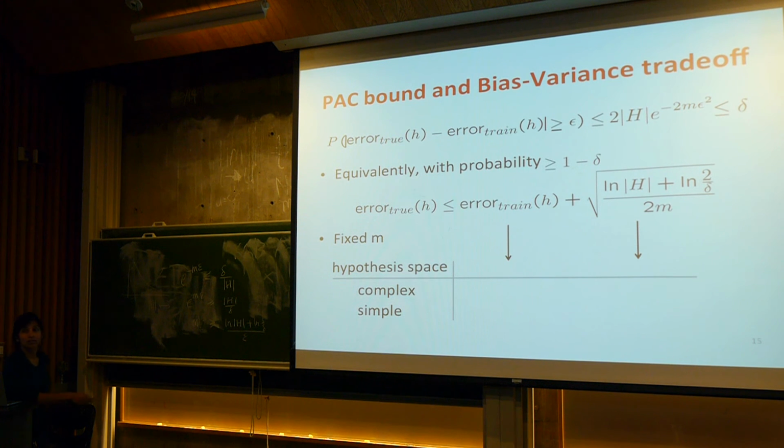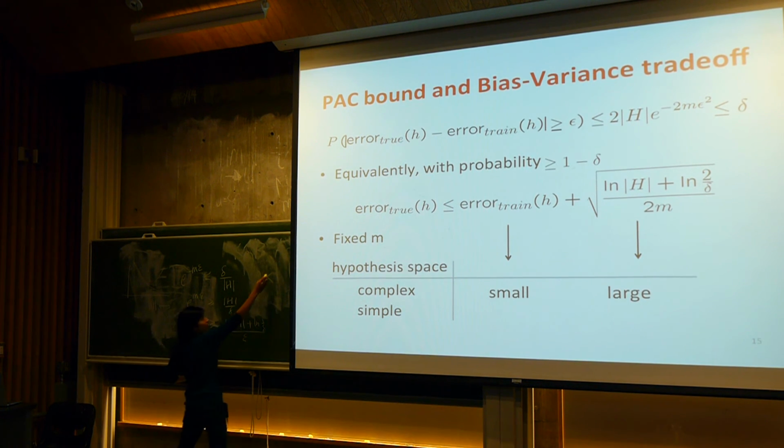Here's another way to think of it. If your hypothesis space is very complex, then your training error should be close to 0, it should be very small. Whereas how far your true error can be from the training error could be large. Another way to think of this is you're really searching over a hypothesis space.